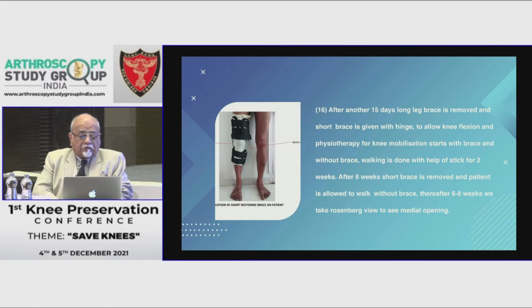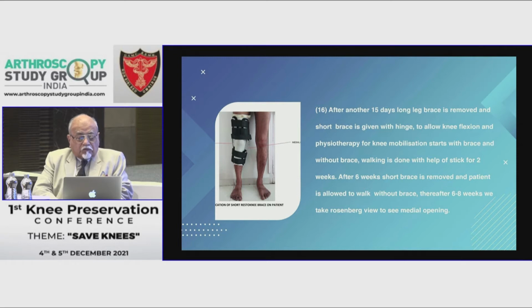After another 15 days, long leg brace is removed and short brace is given with hinge to allow mobilization exercises of the knee. Walking is done with the help of stick for 2 weeks, and after 6 weeks short brace is removed and patient is allowed to walk without brace.